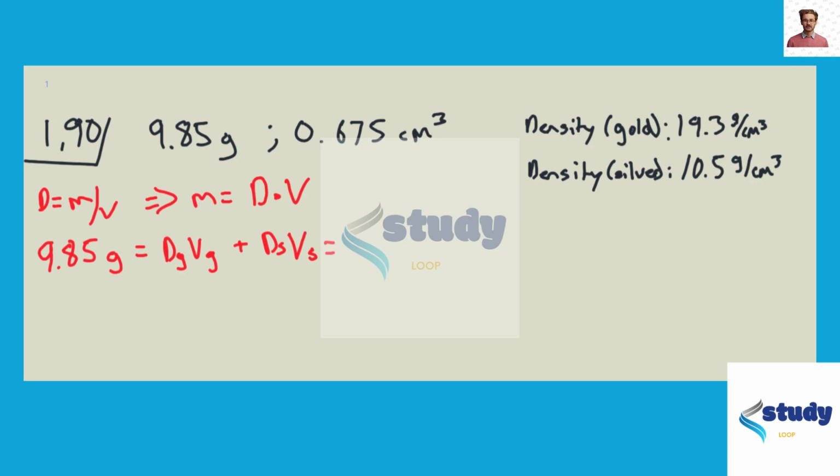So we can substitute values in here. The density of the gold we know to be 19.3 grams per centimeter cubed, and this is times the volume of the gold. And then we add the density of silver, which is 10.5 grams per centimeter cubed.